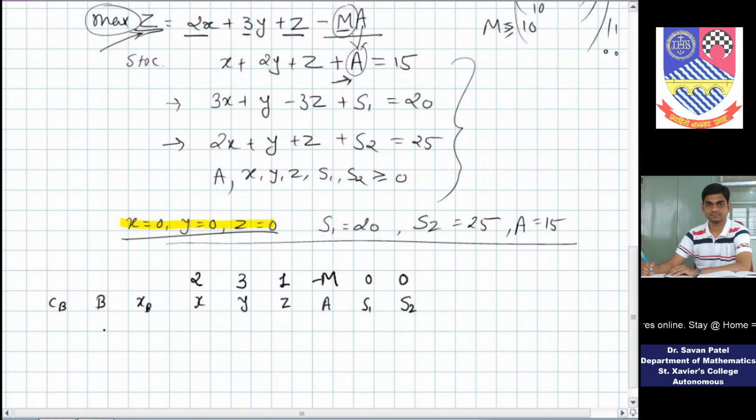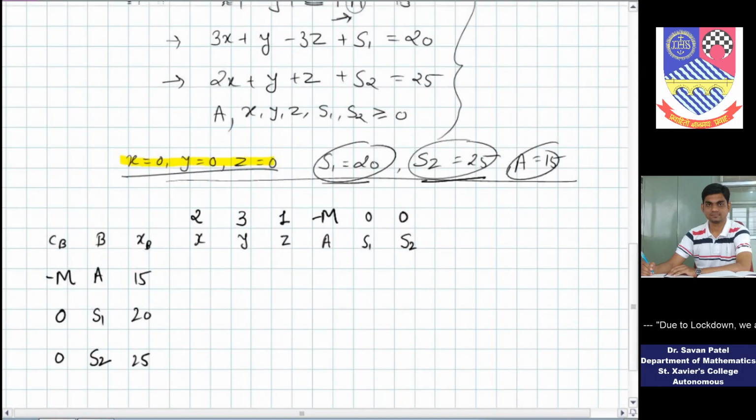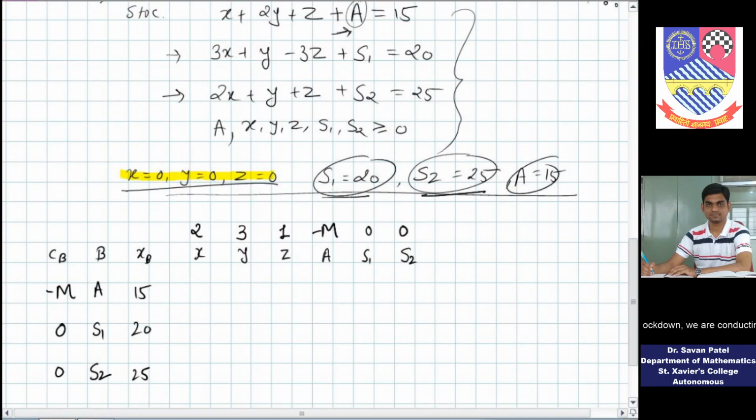Now here in basis, first of all we are having a, s1 and s2. Coefficient of a is minus m. Coefficients of s1 and s2 are 0, 0. Value of a is 15. Value of s1 is 20. Value of s2 is 25. Now write the coefficients from the constraints. So from the first constraint, x's coefficient is 1, y's coefficient is 2, z's coefficient is 1, a's coefficient is 1, s1 and s2 are 0, 0.